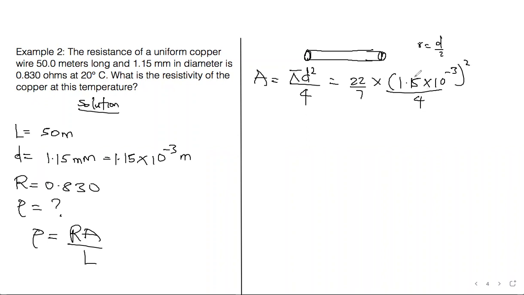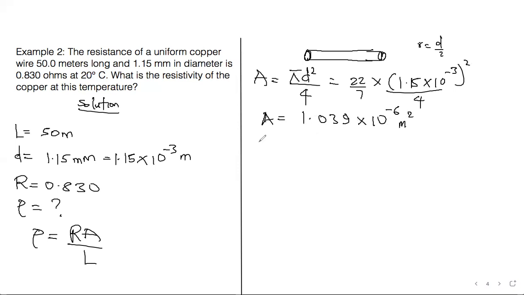Coming to my calculator, I will have 22 over 7 multiplied by 1.15 times 10 to the power minus 3, squared, divided by 4. So that gives an area of 1.039 times 10 to the power minus 6 meters squared.